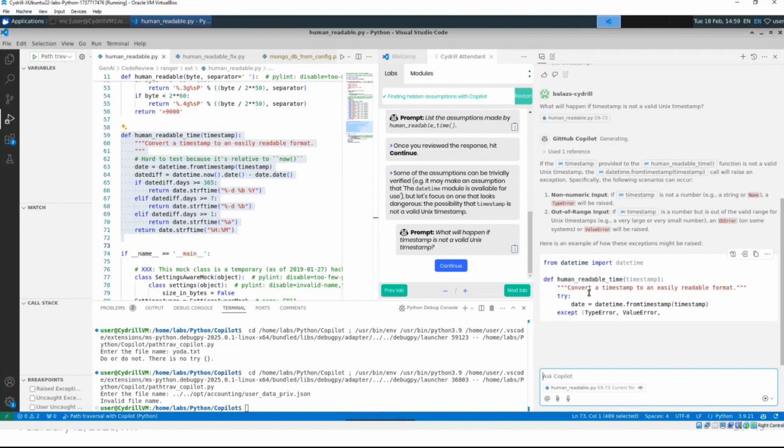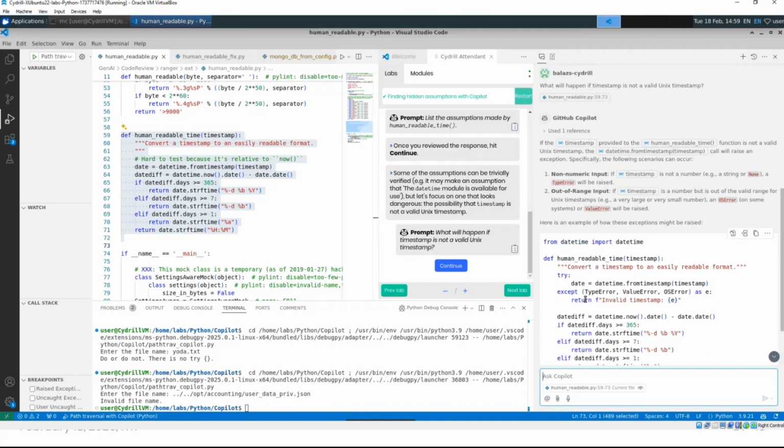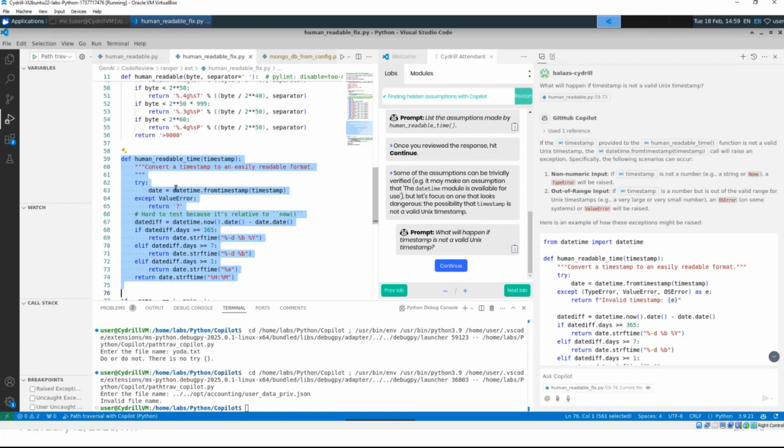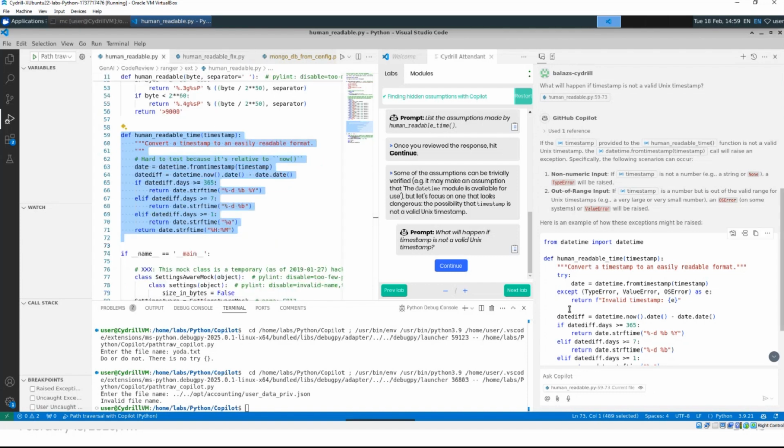Of course, it may also suggest that I should maybe catch these errors, which is basically what happened in this program, because in the fixed version, they did this try-catch block. So you can see that it is possible to get these kinds of errors if you are asking correctly, and there are certain prompt patterns that can help find these kinds of issues.